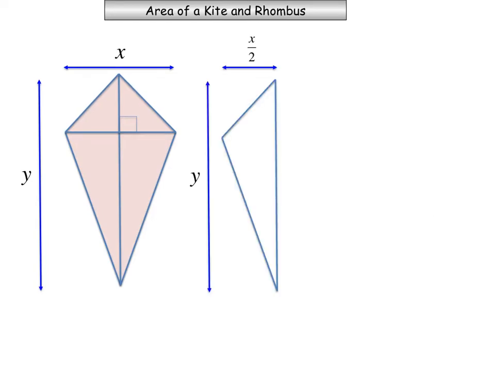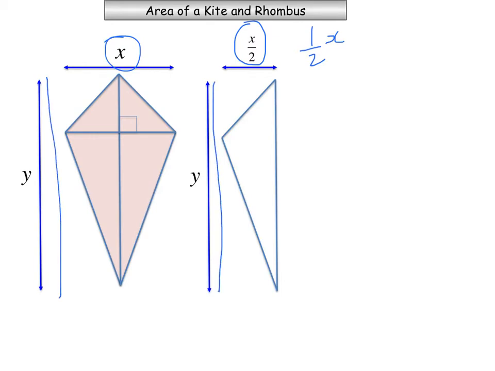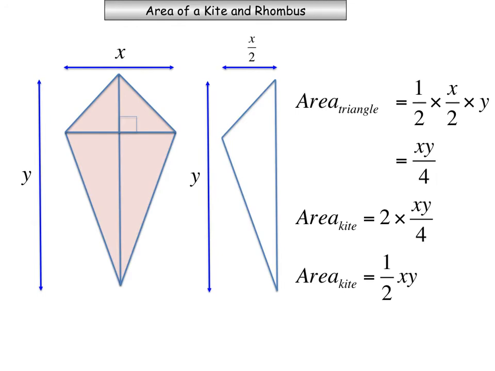Now let's just have a look at one of those triangles in that kite. We have a particular value here that is a little bit different. So that's x. Now this is x on 2, or a half of x. This particular value here is y. Now let's just have a look at this part by part. The area of this particular triangle is a half times base times height.